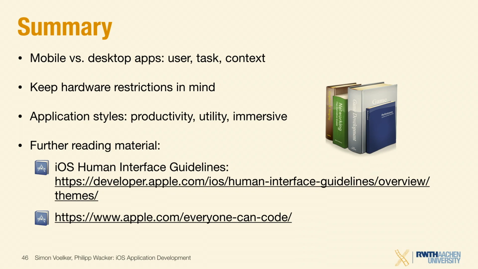So with this, for further reading there are the iOS Human Interface Guidelines, which are detailed user interface guidelines from Apple. They tell you how to arrange buttons, how many buttons should be displayed, and so on. It's quite nice to read. There's also the Apple Everybody Can Code website, where there's also the link to the book that we use, or the ebook we take parts of. It also gives you a little introduction.